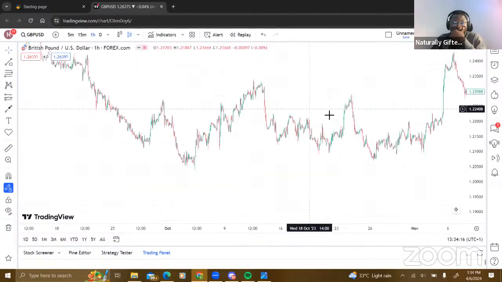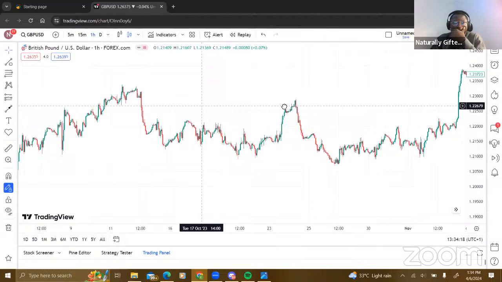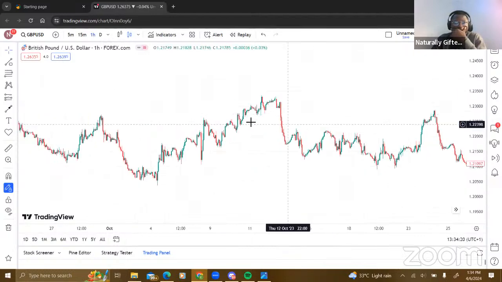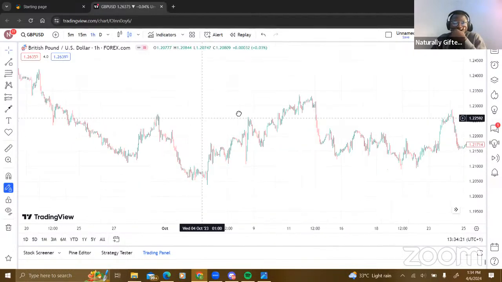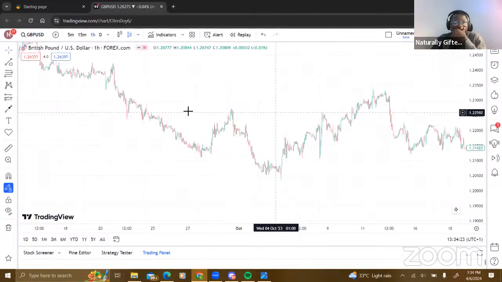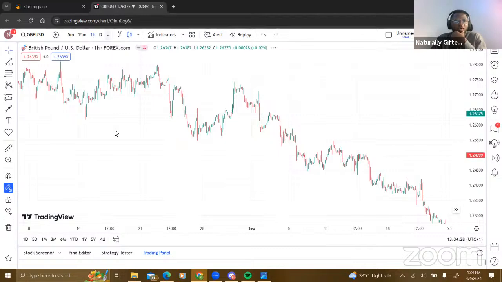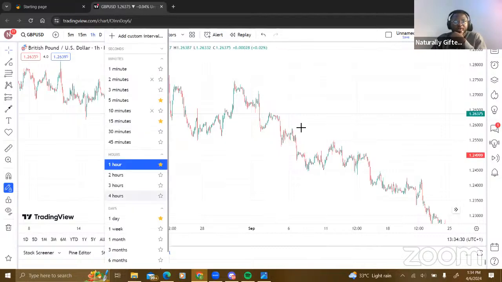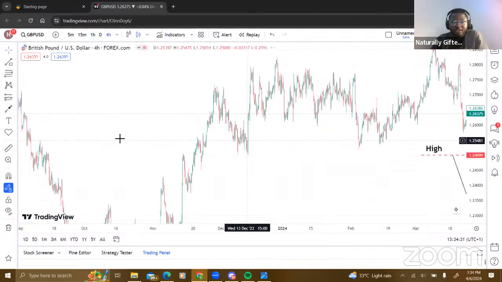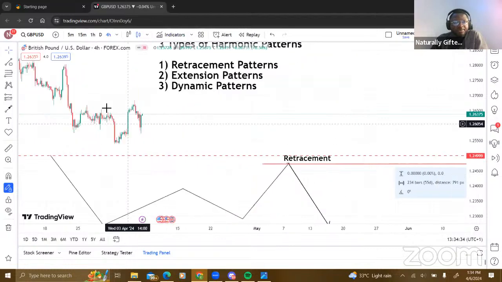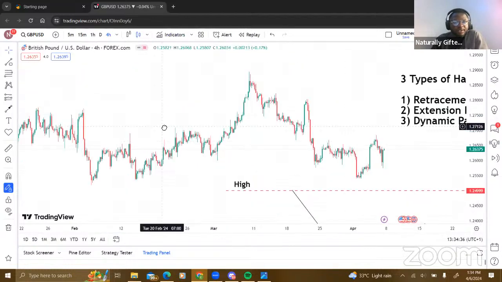So looking for a pattern here. A high first. We get a high, get a low. Let's work on the 4 hours. Price has actually been on the sell trend as far as GU is concerned.